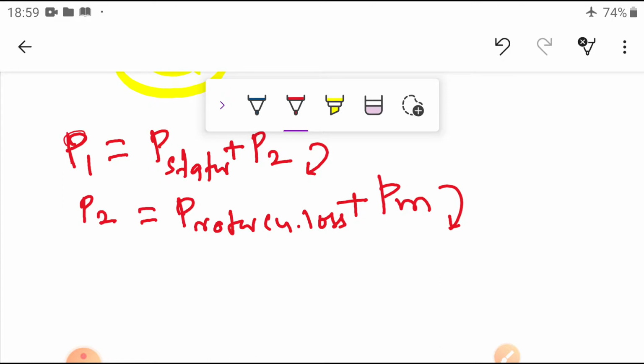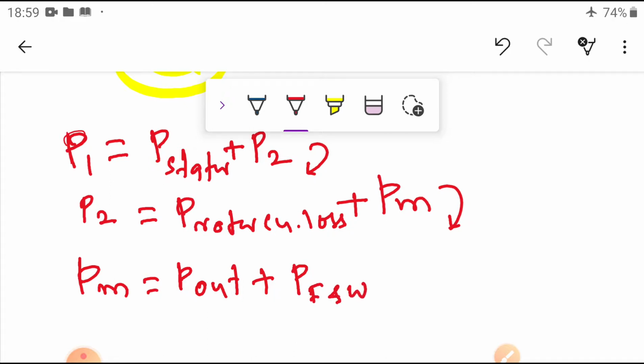That is PM. PM is equal to P out plus friction and windage losses at the shaft. So this is our aim.